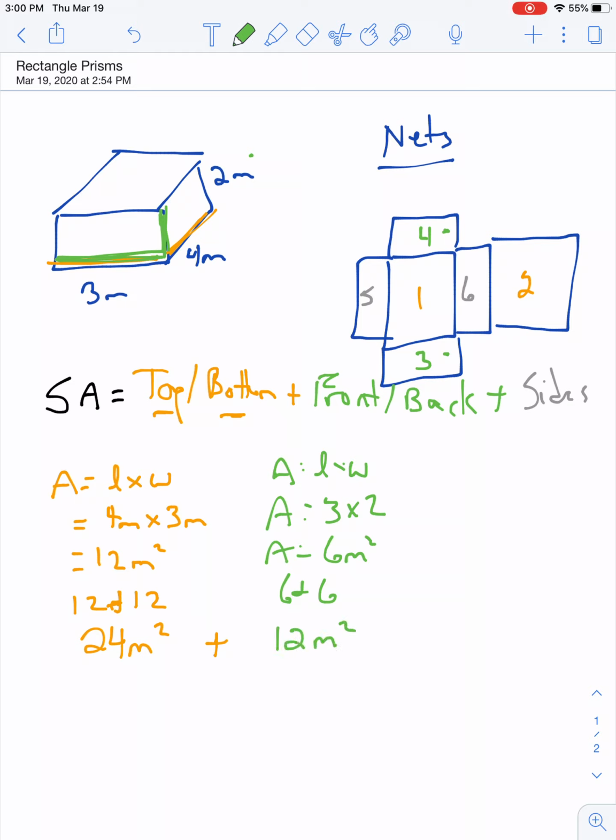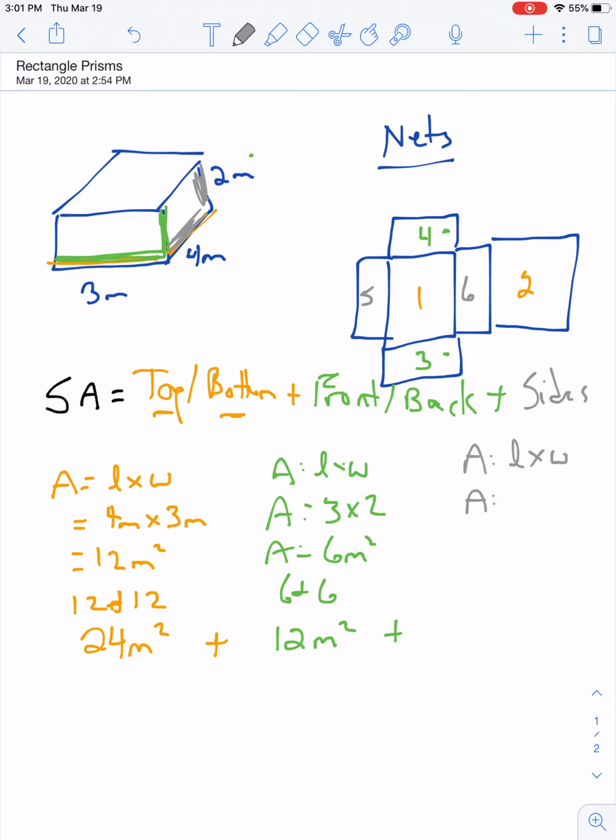So right now my surface area is my 24 meters squared plus my 12 meters squared. Now I have to do my last one, which is my sides. My sides on my original shape are made up of this piece and this piece. So I'm using that 4 meters by 2 meters. Again, they're rectangles, so my area is length times width.